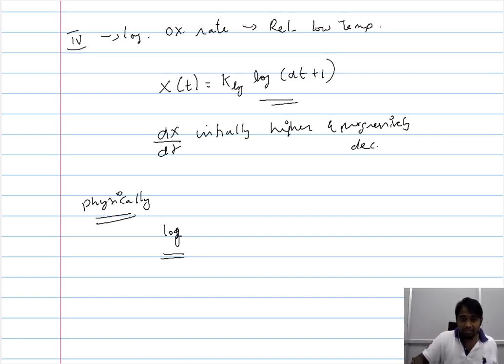In the relatively low temperature range, the rate at which the oxidation happens is dependent on the logarithmic oxidation rate, and this is characterized by an initial high level of oxidation rate and a gradually decreasing one. And now in the high temperature regime, we move from the low temperature range to an average temperature range. You have a parabolic oxidation rate.